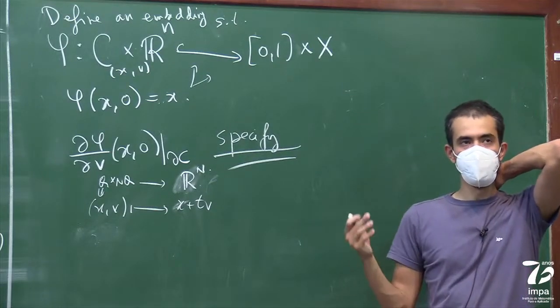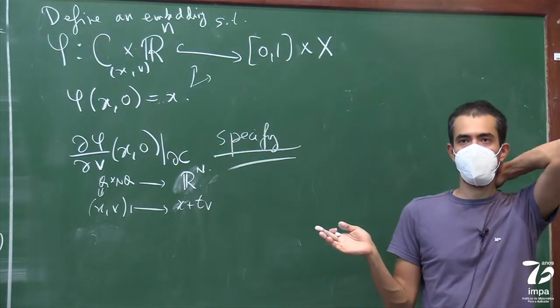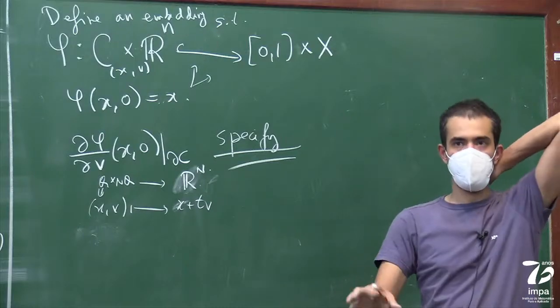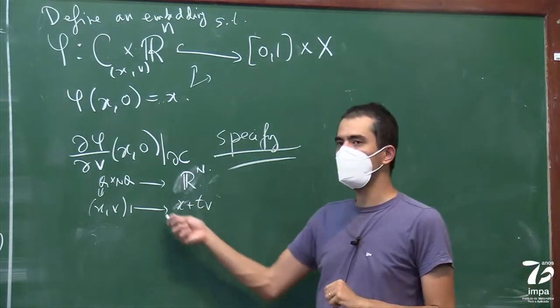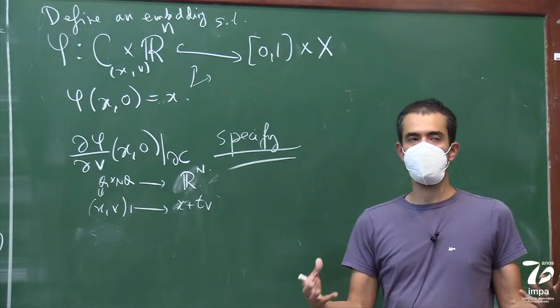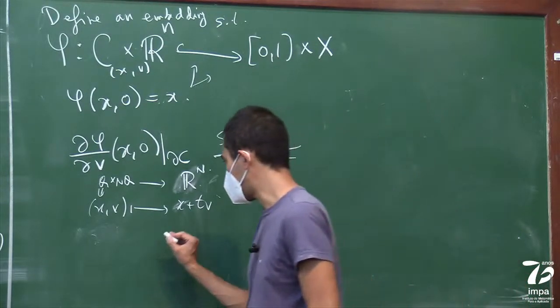That's one way to prove the tubular neighborhood theorem if you have an embedded manifold and you don't want to talk about geodesics. But there's a way to do this intrinsically, which uses geodesics.